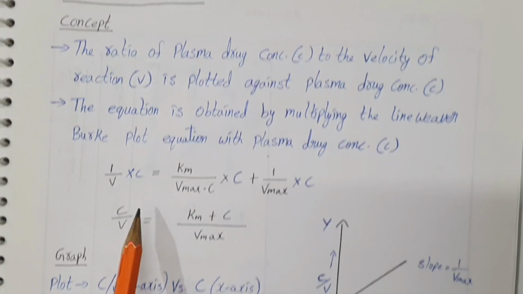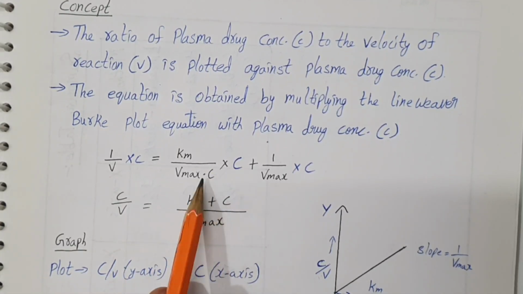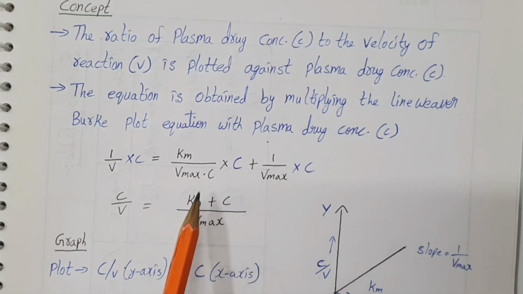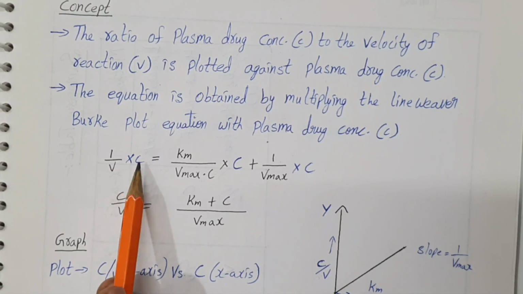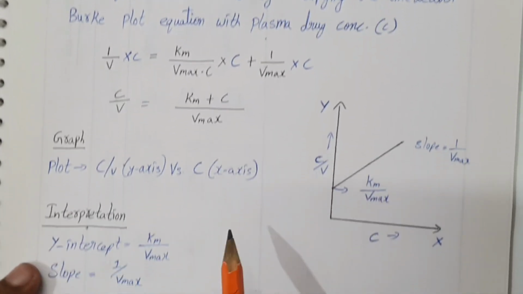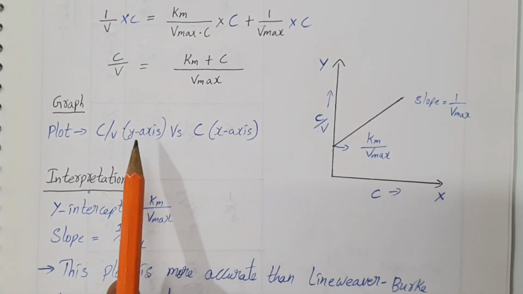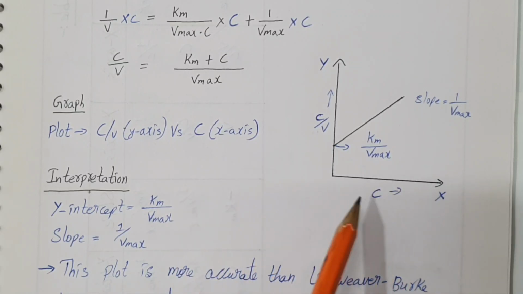After simplifying, this C and this C get cancelled out, and this C comes here: Km plus C divided by Vmax. 1 multiplied by C is equal to C. So when you're plotting the graph, make sure that C by V is on the y-axis and C is on the x-axis.